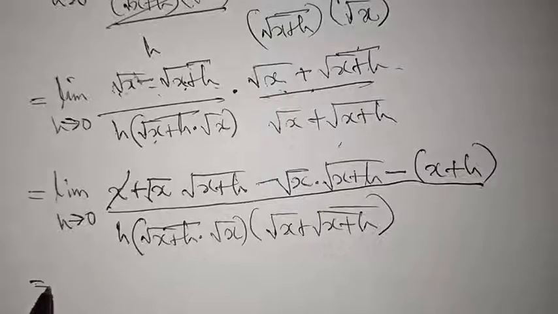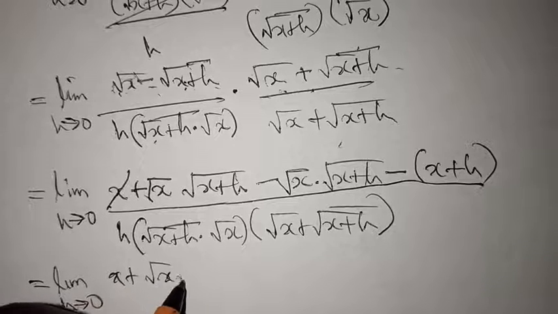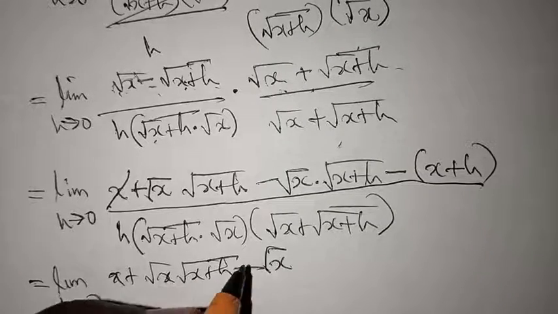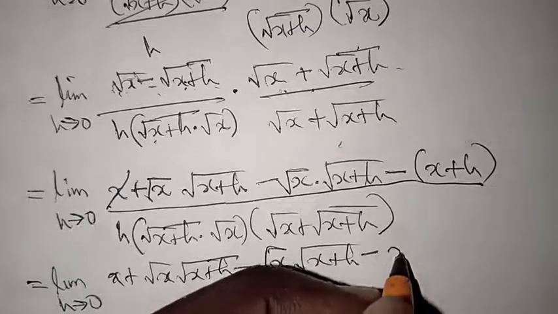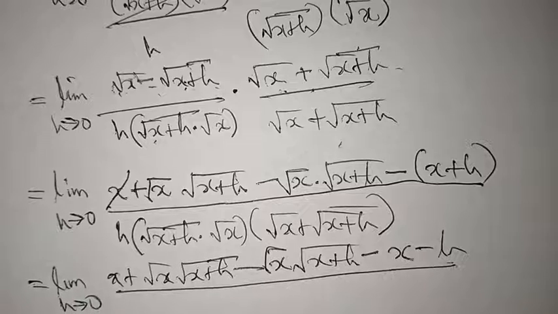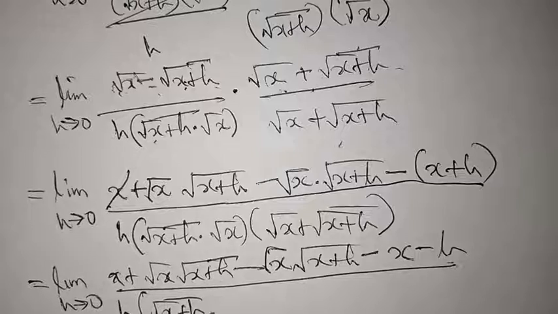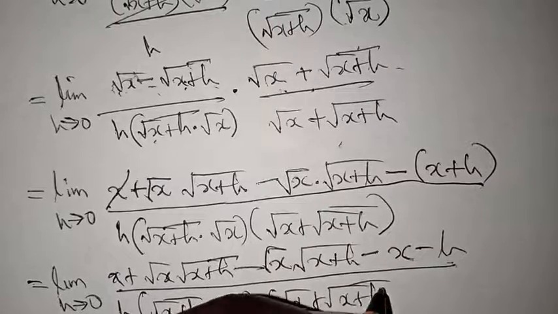So we have the limit as h approaches 0 of x plus square root of x multiplied by square root of x plus h minus square root of x multiplied by the square root of x plus h minus x, we get negative x there, a negative h over what we have down there, which is h square root of x plus h multiplied by square root of x multiplied by the square root of x plus square root of x plus h, like this.